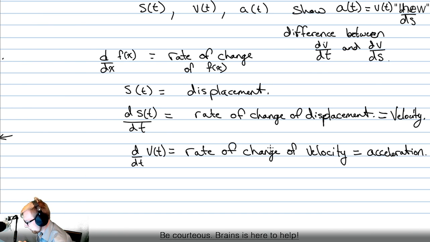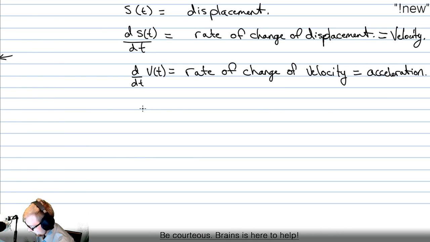So we want to show that our acceleration is v of t times dv ds. Well, acceleration is the rate of change of our velocity. So it would be v of t prime, right?